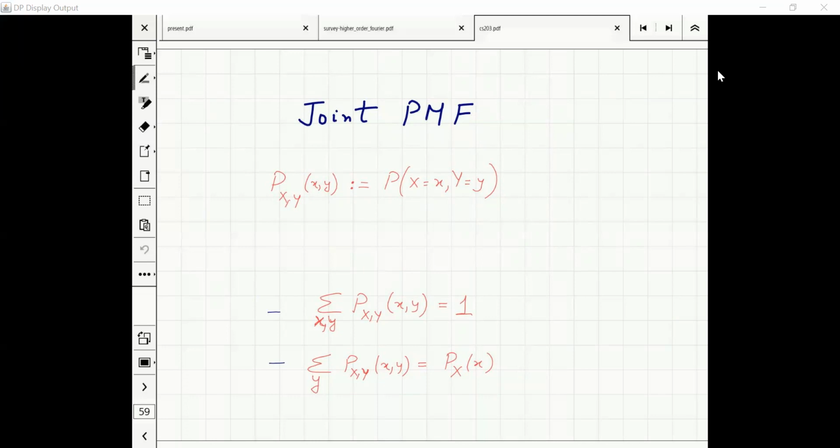Anytime you are interested in a function of x and y, and you want to calculate its probability mass function, you should have access to the joint probability mass function of x comma y, which is this quantity.